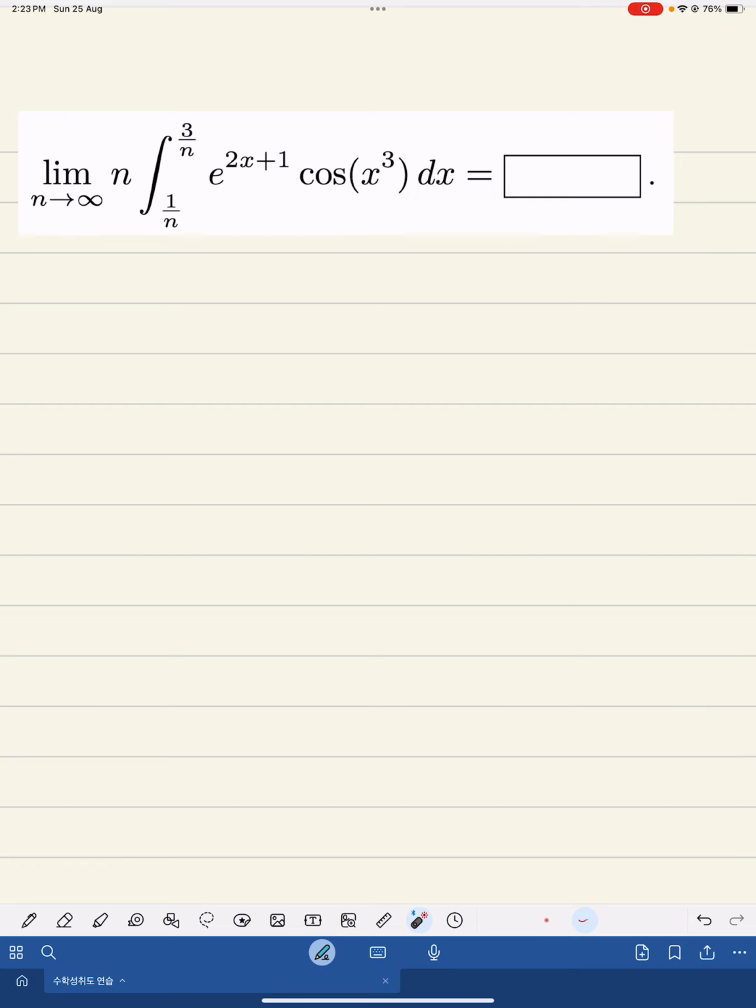However, if you choose either one to be u or dv, even if you integrate or differentiate either one, you will get a more complex answer.